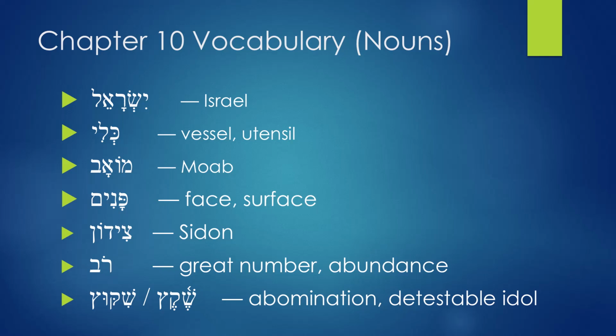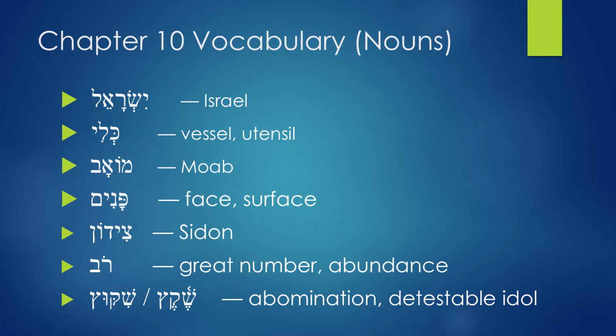Next you have the word Panim. Panim means face or surface. Next you have Sidon. Sidon means Sidon. Next you have Rov. Rov means great number or abundance.